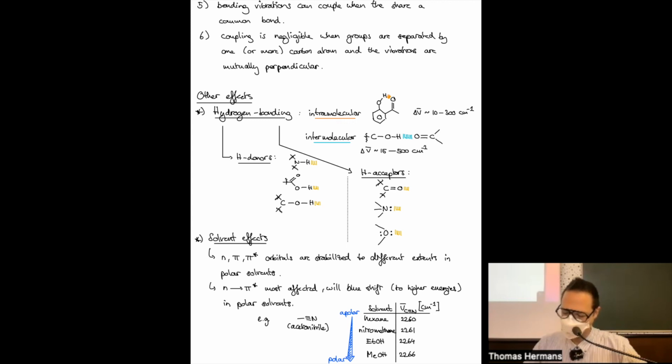Right, so for example, you have a compound and you have a carbonyl here. You can form a hydrogen bond between molecules, right? Again, you can expect a shift of 15 to 500 centimeter minus 1.